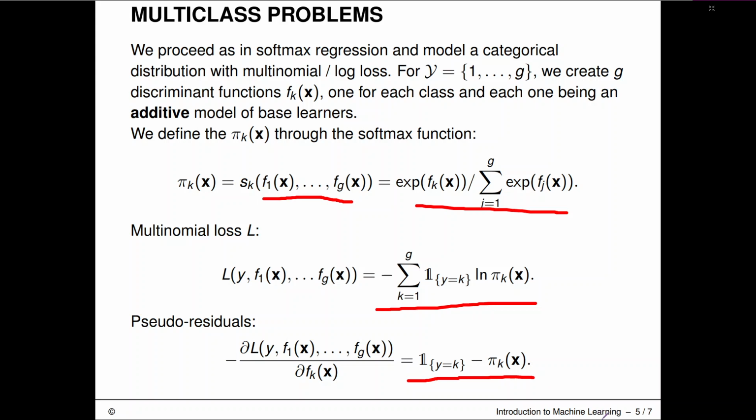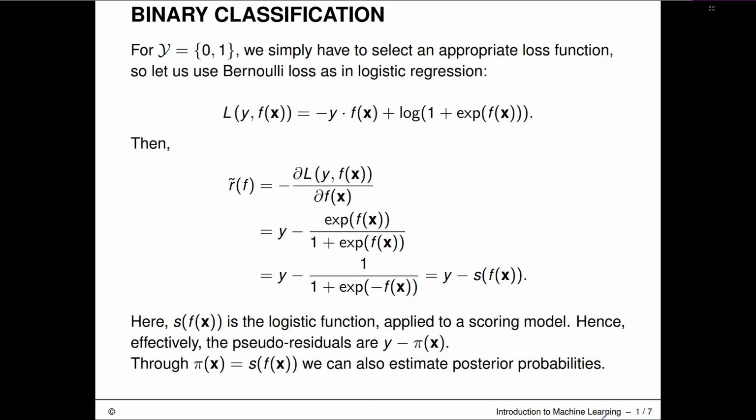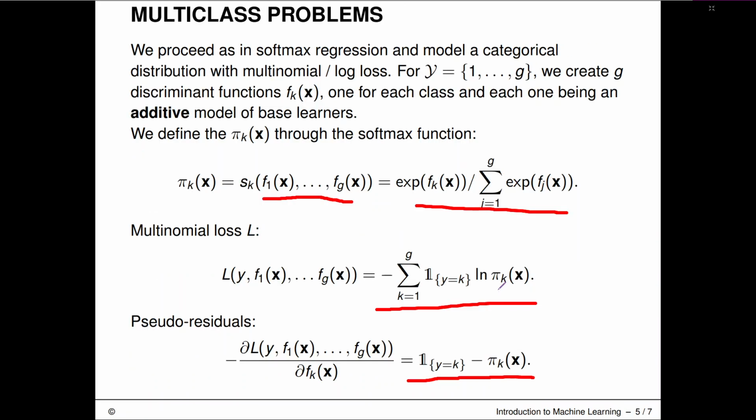Well, something that looks really similar to our pseudo-residual function for the normal Bernoulli or log loss, which was the difference between the 0,1 label and the predicted probability. What we now have is a dummy encoded variable for our classes.